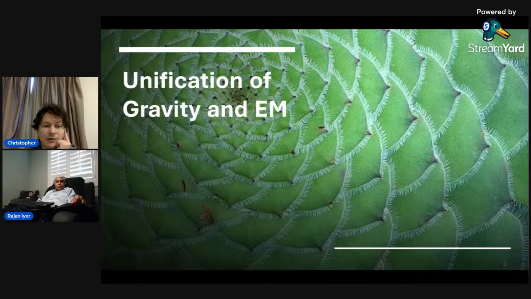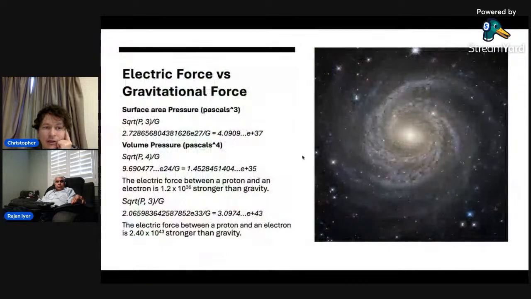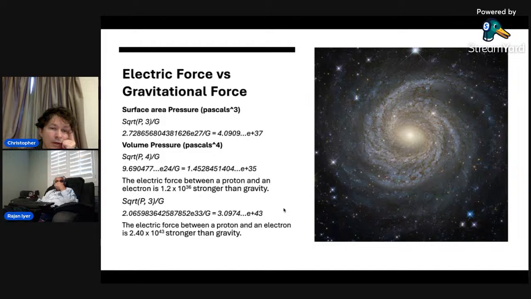One way that we can use this research is in the unification of gravity and the electromagnetic field. So we'll look at that, potentially at least. If we look at the strength of the Coulomb force versus the strength of the gravitational force, the difference that we expect to see is, oh no, sorry, the difference between an electron and an electron is 1.2 times 10 to the 36 stronger than gravity.